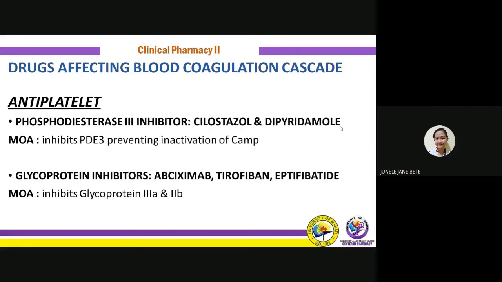So, next is phosphodiesterase 3 inhibitor, cilostazol and dipyridamole. It inhibits phosphodiesterase 3, preventing inactivation of cyclic adenosine monophosphate. Phosphodiesterase 3 converts the cAMP into AMP, or adenosine monophosphate.